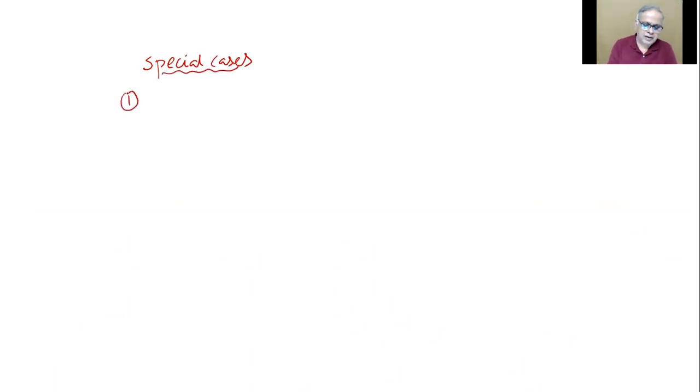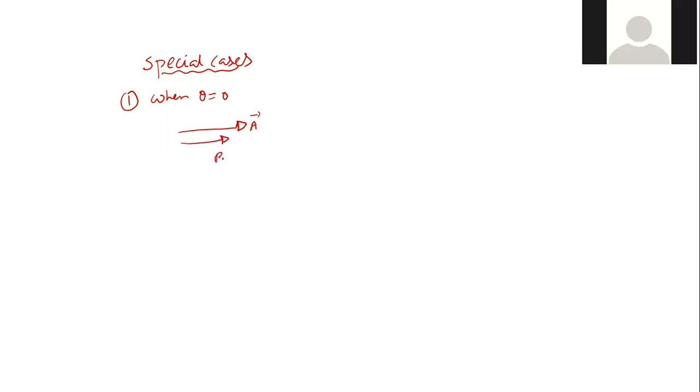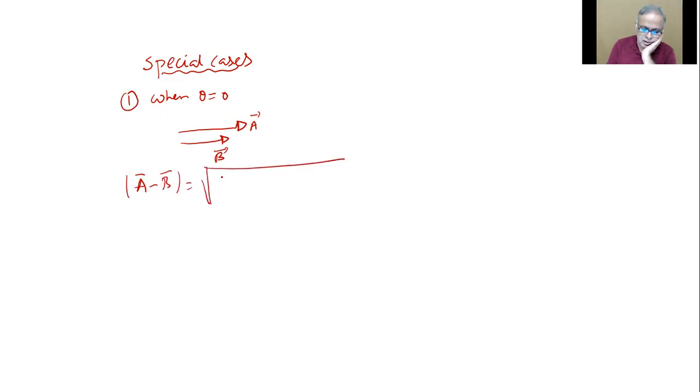Now, special cases. Case 1: when theta is 0. What do you mean by that? The two vectors are in the same direction, or parallel. Now, mod of A minus B would be under root mod A square plus mod B square minus 2 mod A mod B cos 0, which is 1. So it is under root of mod A minus mod B whole square.